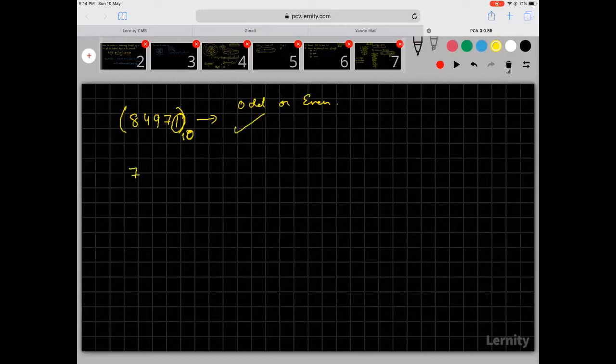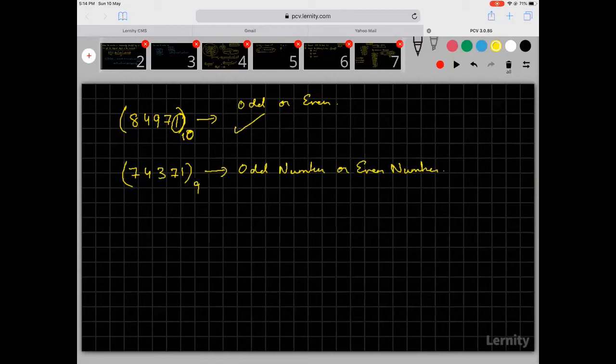Now suppose I write 74371. Is this an odd number or an even number?